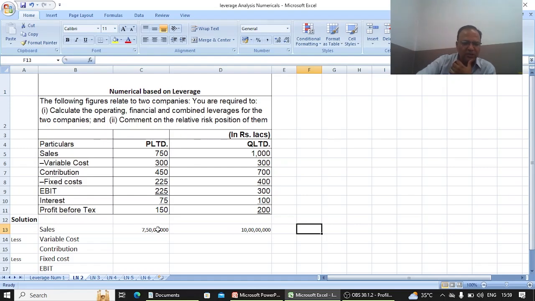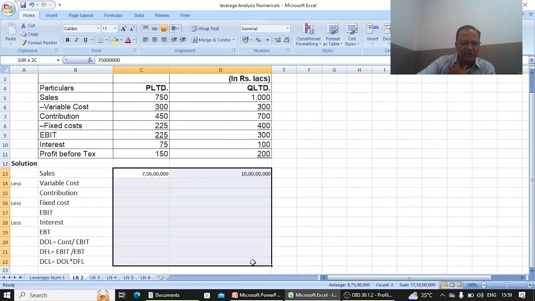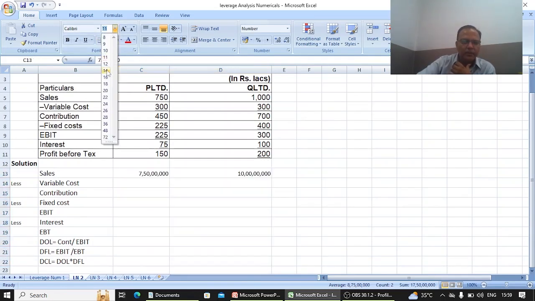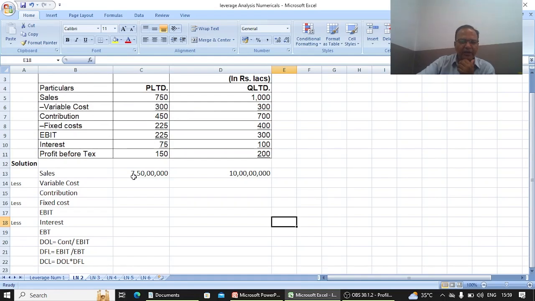Now this is 7.5 crore and this is 10 crore. First of all, variable cost 300 lakh.